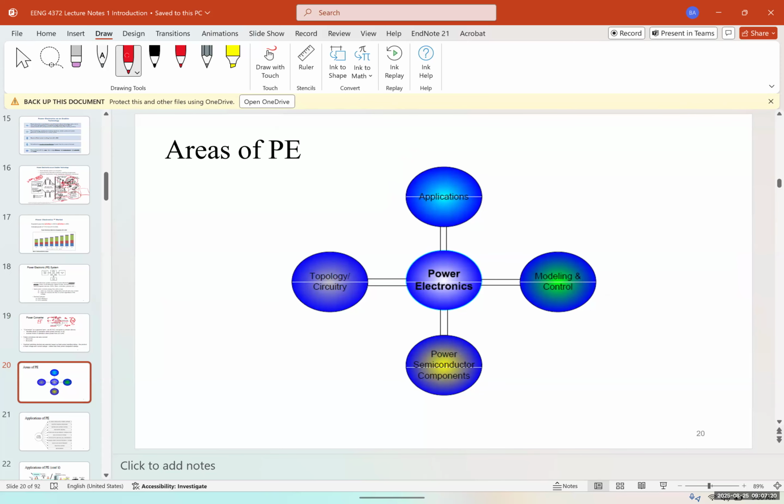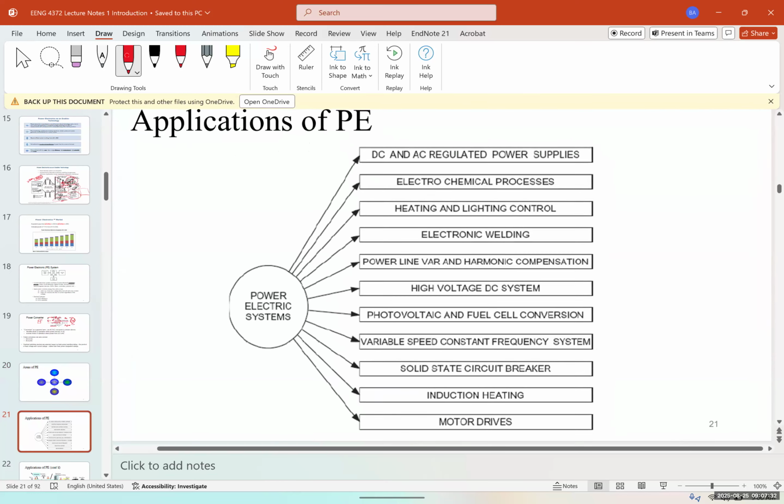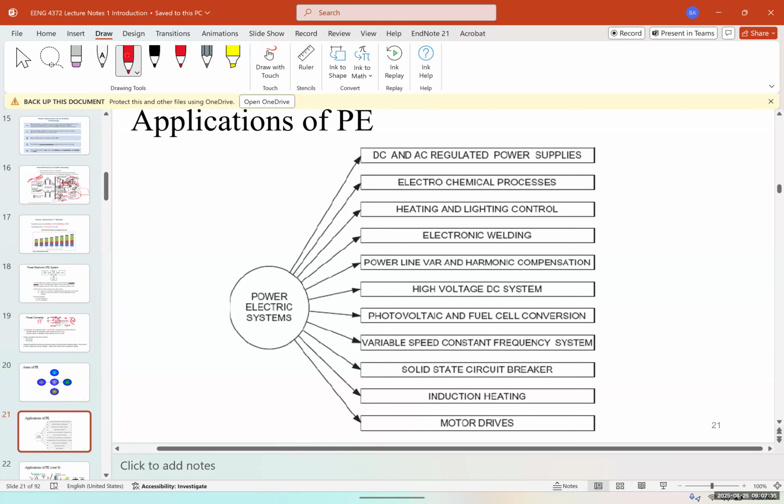The areas of power electronics: we have the applications, the topology, circuitry, the power semiconductor components, and the modeling and control. Some applications of power electronics systems are DC and AC regulated power supplies, electrochemical processes, such as hydrogen fuel cells and electrolysis, heating and lighting control, and electronic welding, which is a big area.